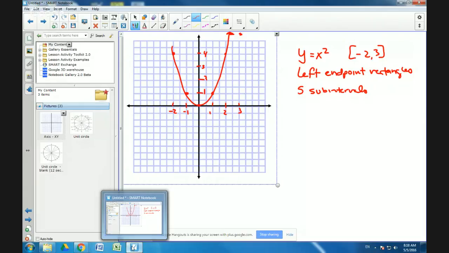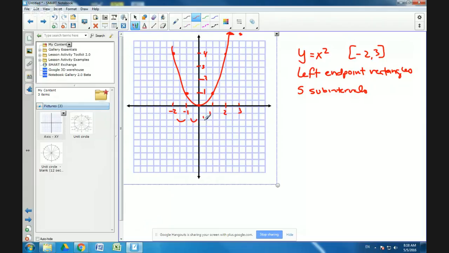Okay, so here's our graph from -2 to 3, right? And we're going to do left endpoints. So where does that start? On the left side, right? And there are 5 intervals. So 1, 2, 3, 4, 5. There's one interval. There's another one.